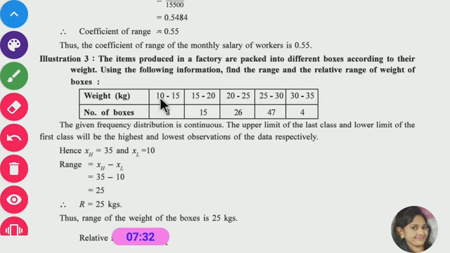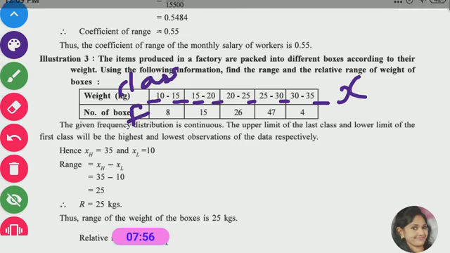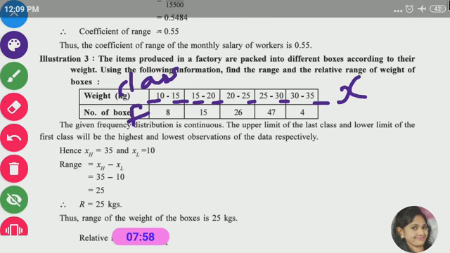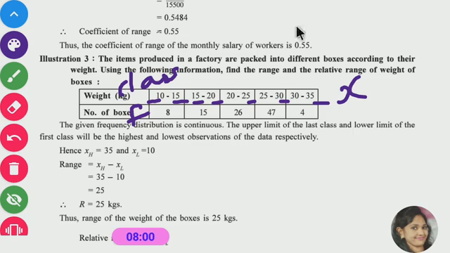Here 10 to 15, 15 to 20, 20 to 25, 25 to 30 and 30 to 35 are the classes, and number of boxes is F, which is given. Whenever we find the range, we need only the X column. Here the maximum value of X is 35 and the lowest value of X is 10.